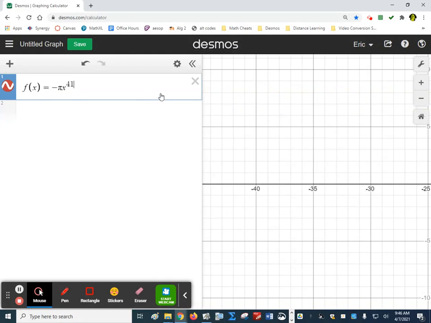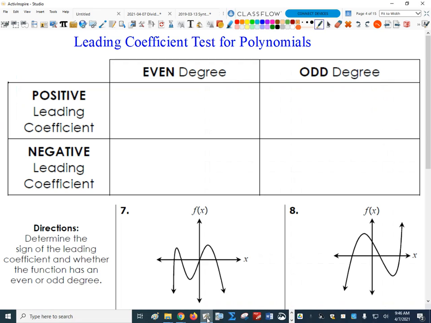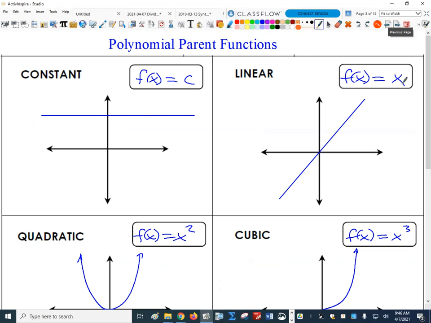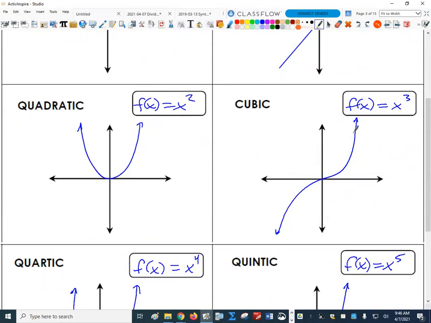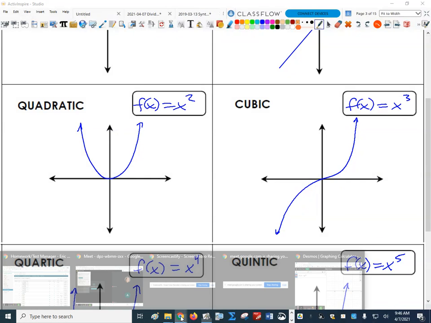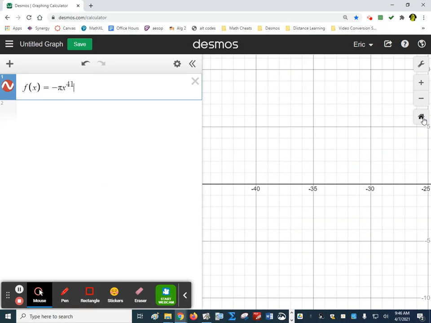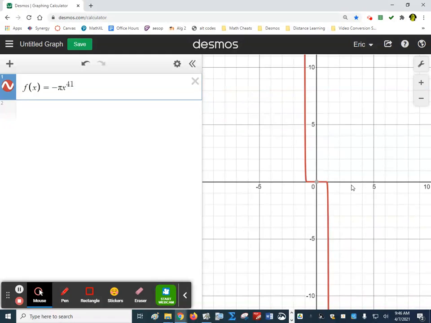Yeah, because it's going to be the flipped version, because I multiplied by a negative, right? And so it's going to be the flipped version of these odd power functions, right? Normally an odd power function is going to descend to the left and rise to the right. But if I multiply by a negative coefficient, it's going to flip that whole thing and potentially stretch it, isn't it? Right? Does that make sense? Okay. And let's look at this one. Sure enough, there it is, right? Rises to the left and falls to the right.